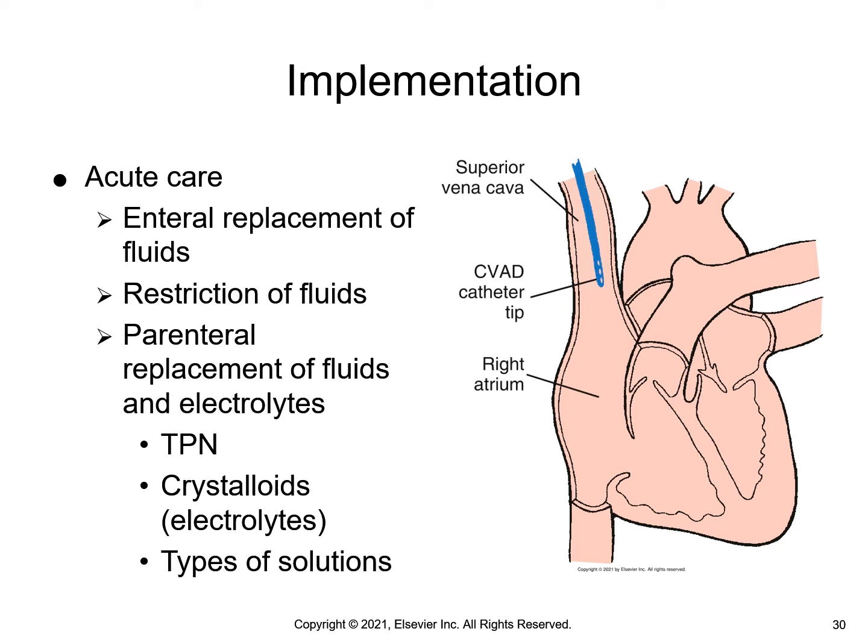The nurse will also help with restricting intake as therapy for fluid excess. The oral replacement of fluids is contraindicated when the patient has a mechanical obstruction of the gastrointestinal tract, severe nausea, a high risk for aspiration, or impaired swallowing.